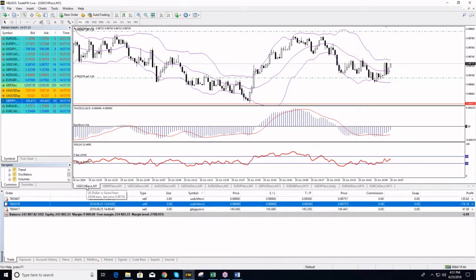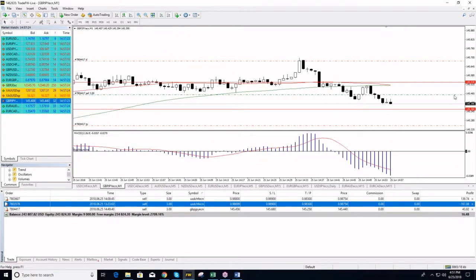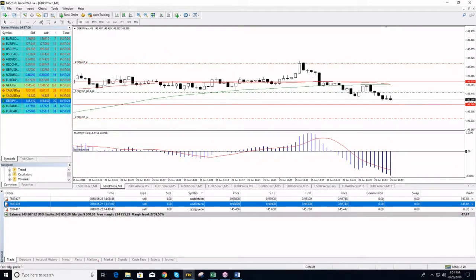Let us take a look at dollar CHF. It starts to go a bit up. Dollar yen goes a bit down.